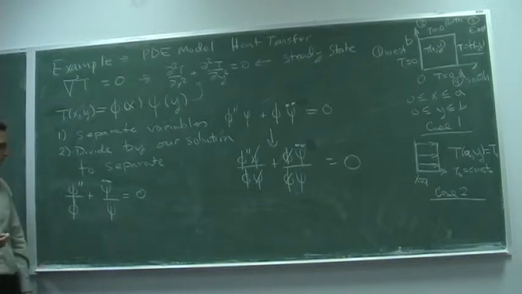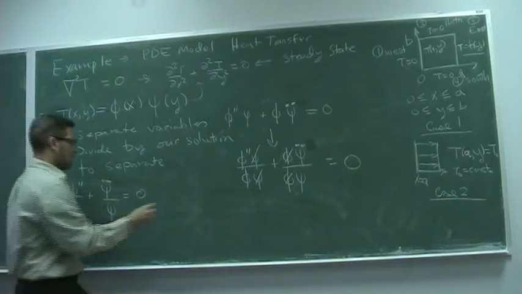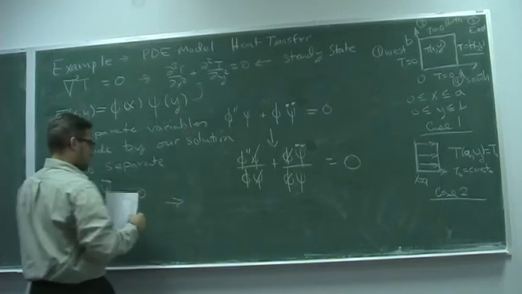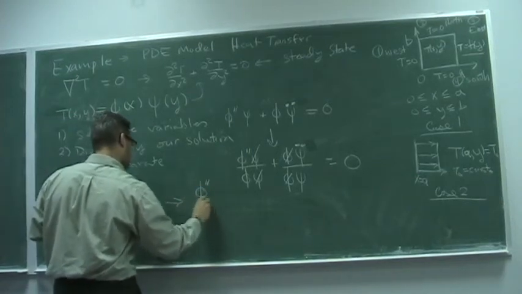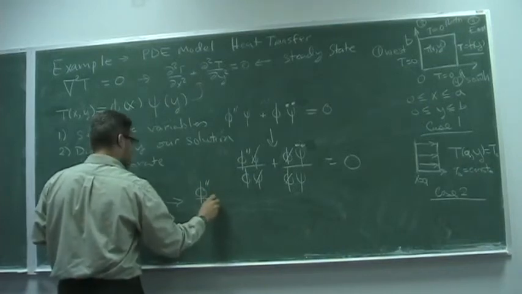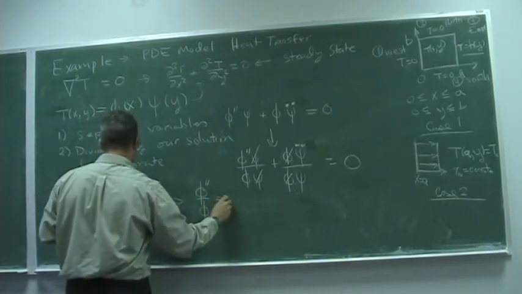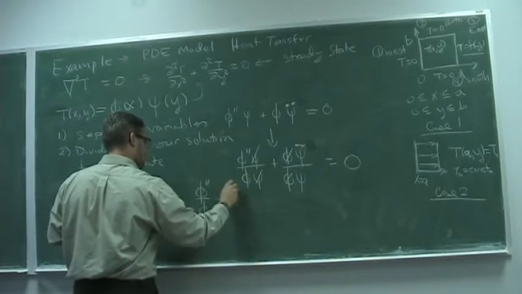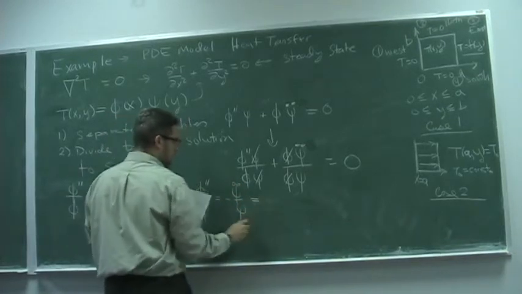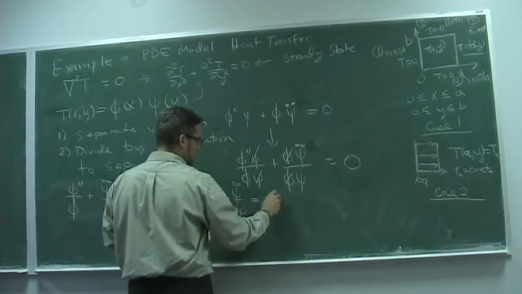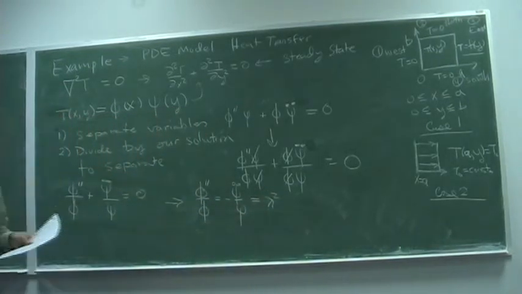Okay, so now we can go ahead and say that our phi double prime over phi equals minus, and we can set that equal to our constant, lambda squared.